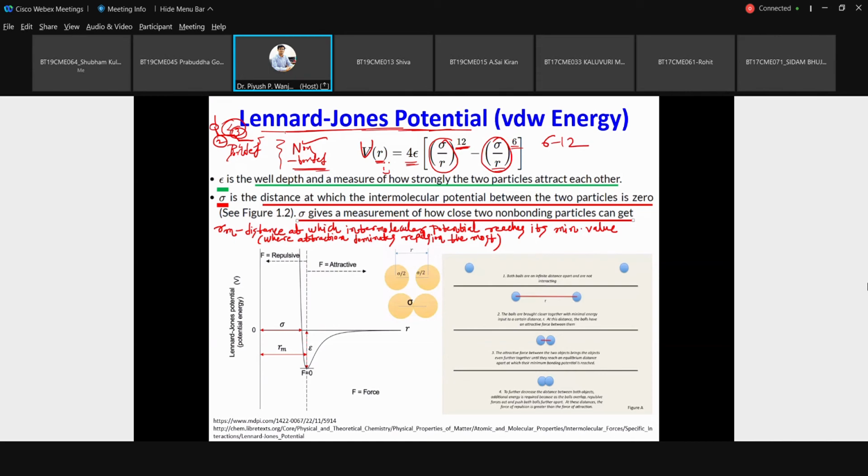If your computer calculates sigma by r power 6, simply taking the square of that evaluates the other term very easily. So computationally it becomes faster. That's why many programs inherently use this LJ or 6-12 potential.